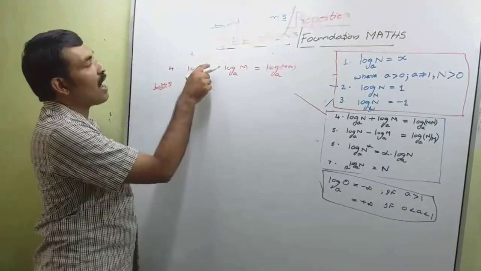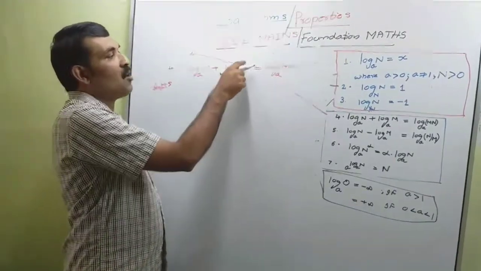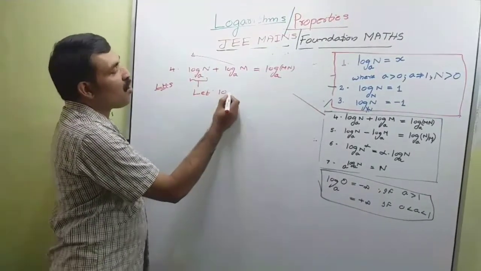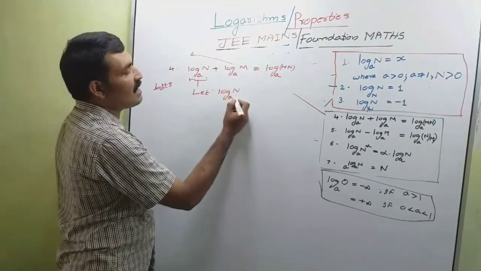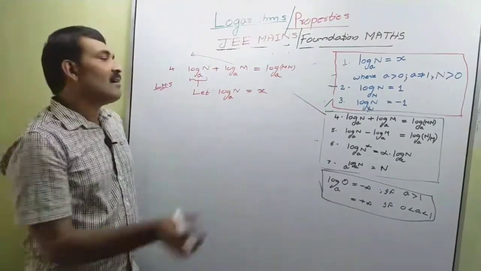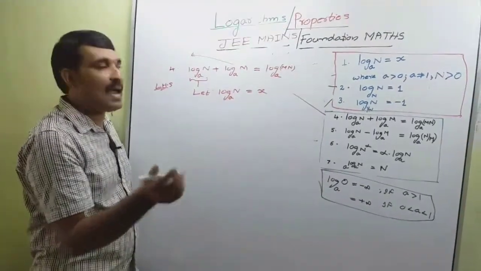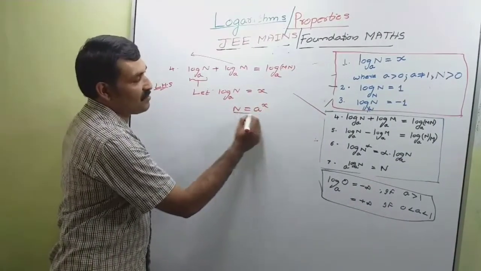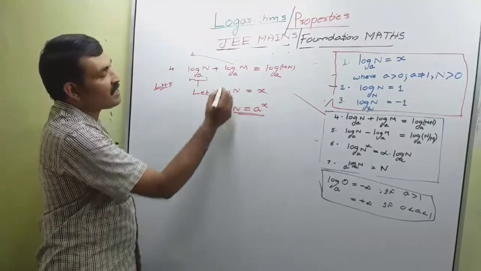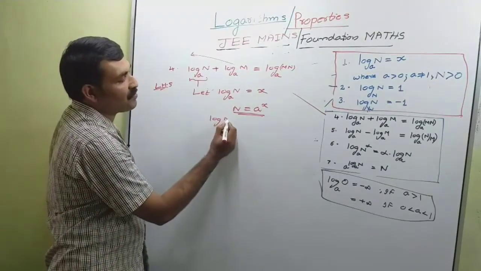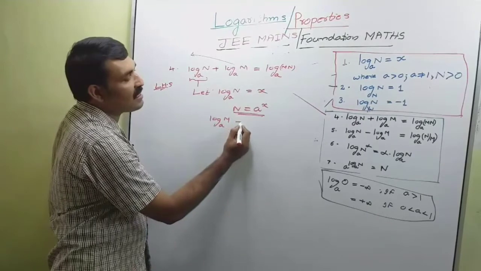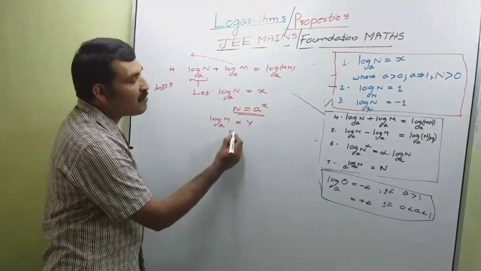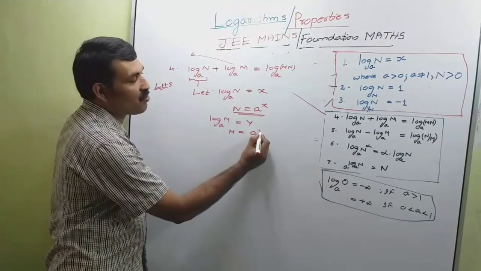LHS is log n to the base a plus log m to the base a. Let log n to the base a is equal to x. We can write this in exponential form as n is equal to a raised to x. And similarly, let log m to the base a is equal to y. So in exponential form, m is equal to a raised to y.